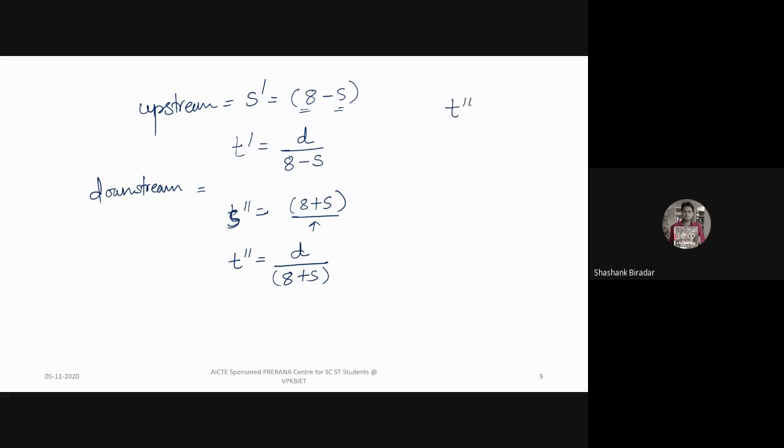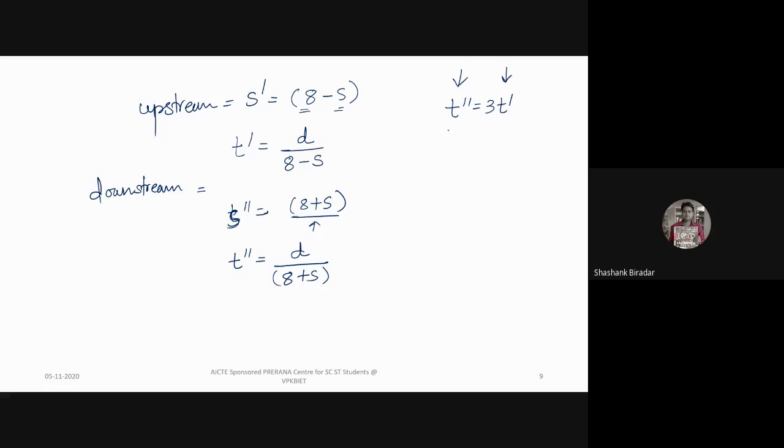Now, the condition given in the problem is T double dash equals 3T dash. Because in downstream it is very convenient, but upstream takes thrice the time. If you multiply 3 times for the upstream, then it will become the time in downstream, because you are traveling against the stream.